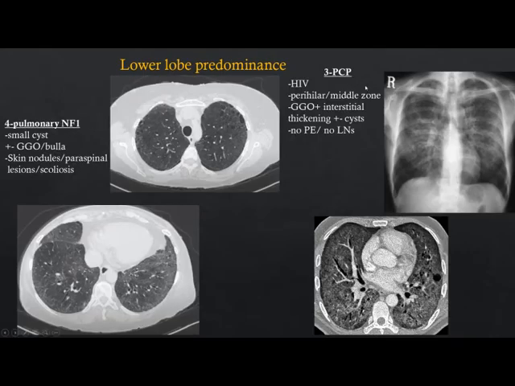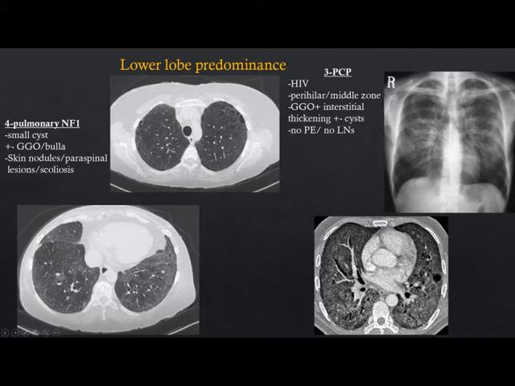The third differential diagnosis is pneumocystis pneumonia. Typically, the patient is immunocompromised, and it's actually a middle zone distribution. It principally consists of ground glass opacity and interstitial thickening, and the presence of some cysts indicating pneumatoceles. And typically, there will be no pleural effusion and no lymphadenopathy.